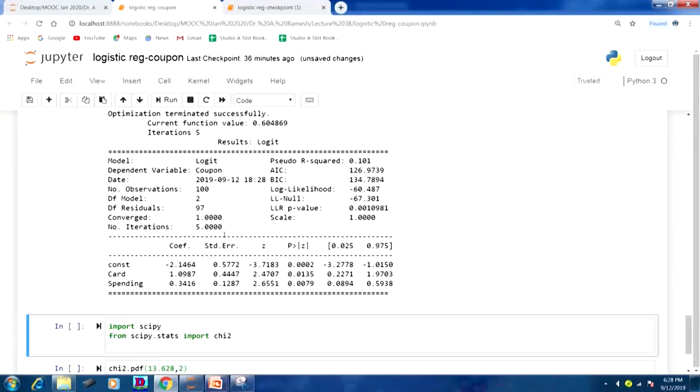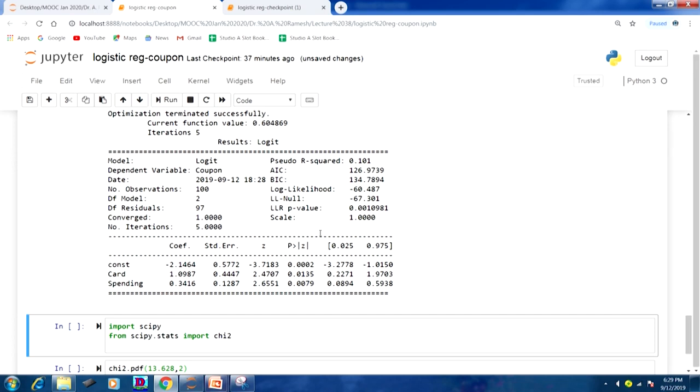In the summary of logistic regression, we need not bother about the constant value. For card it is 1.0987, for spending it is 0.3416. After getting this output, you have to check the overall significance with the help of the G statistic.